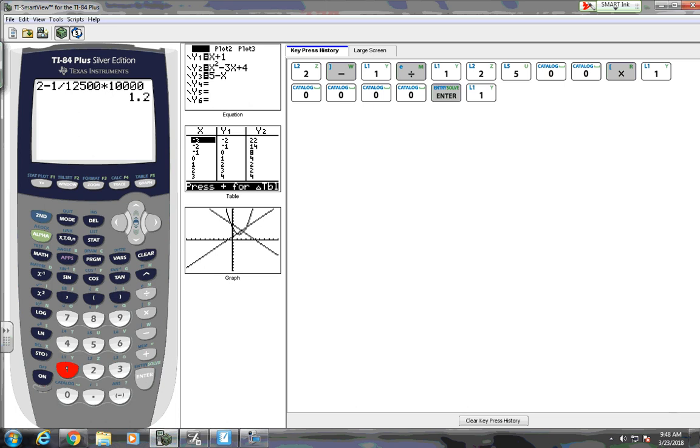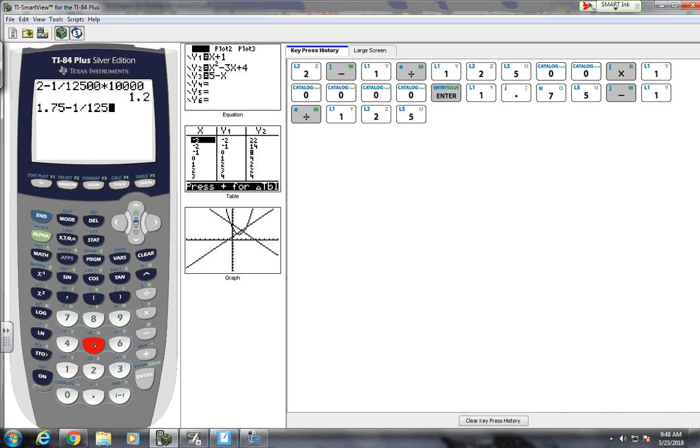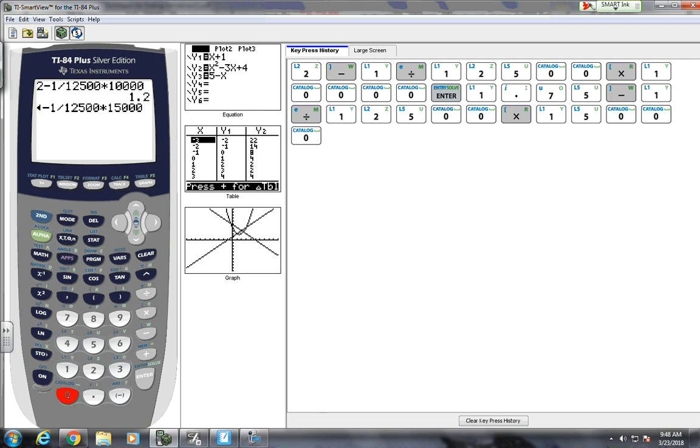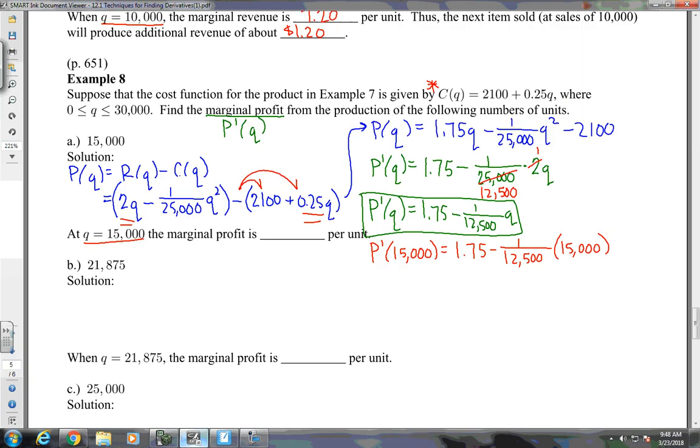So we have 1.75 minus 1 over 12,500 times 15,000. When we evaluate that, we get 0.55. That's $0.55 per unit, or 55 cents per unit.